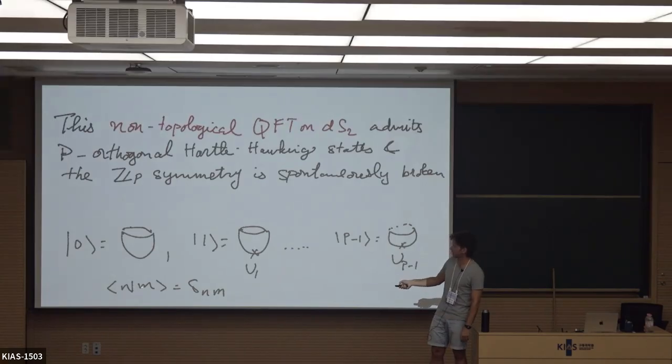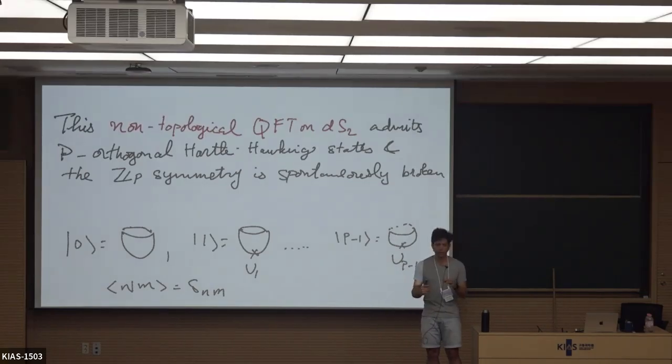An important fact is that for this to work out, for example to show that these two states are orthogonal, instead of having an operator inserted at a point, I have to smear it over some disk. That's the bra and the ket, so for both of them I have to smear over a disk. To show that these are orthogonal, we require that the disks are not overlapping. In BF theory, we never had to do this.